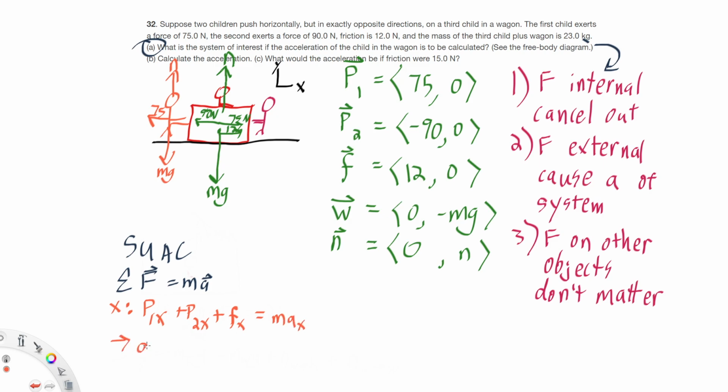In other words, the acceleration in the x direction is equal to p1x plus p2x plus f sub x, all over m. And now we can plug in numbers. 75 minus 90 plus 12 all over 23.